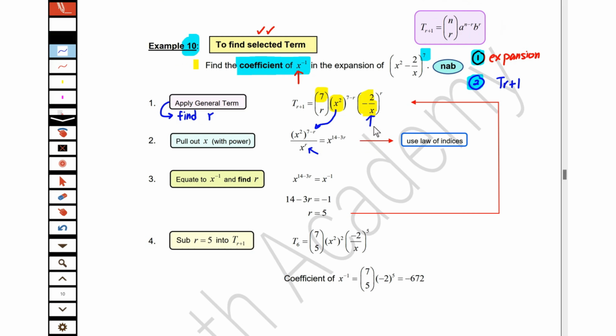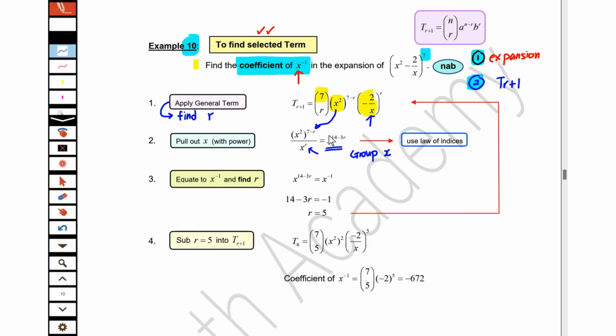So in general, when you simplify your general term and you group all the x together, your x shall look like that. This portion, I have already grouped all the x together. Now the x should be your x negative 1. Remember, this format is how each and every term of the binomial expansion looks like. I'm going to go for the x power negative 1.